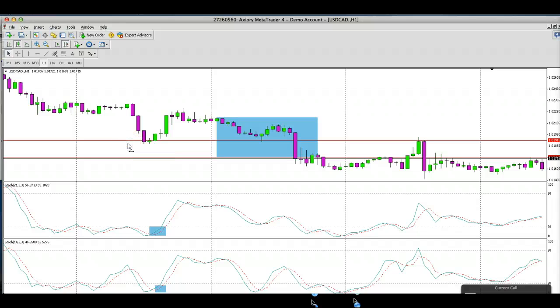Right. So you need 3 or 4 reasons to take a trade. One, we have 3 consecutive bearish candles. Number two, we have a color change candle. Number three, stochastics oversold. Number four, it went up 4 pips, 8 pips above the close of this candle.